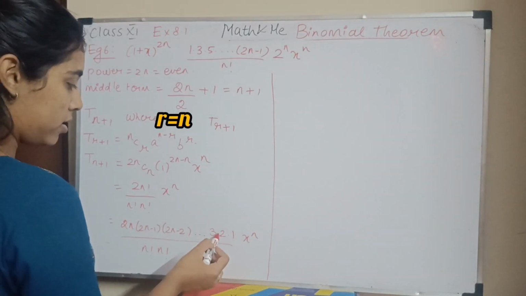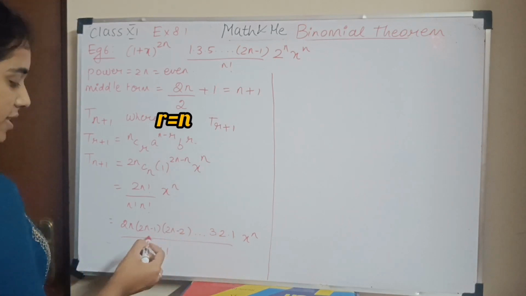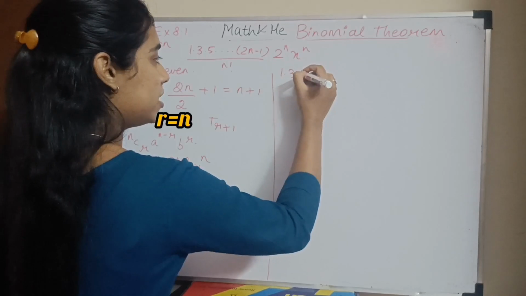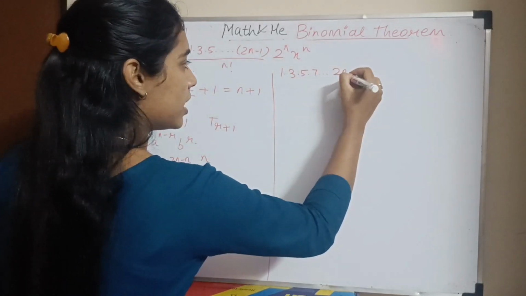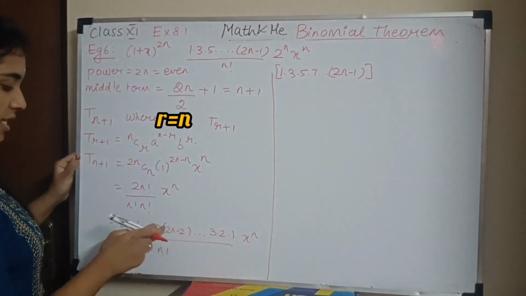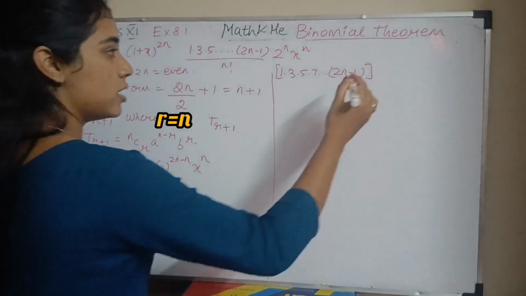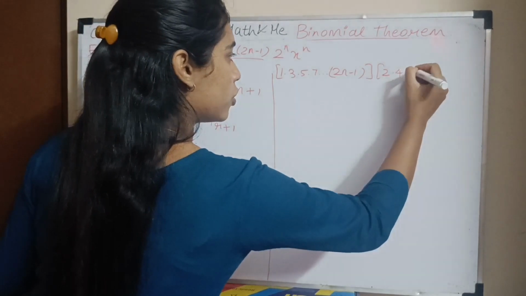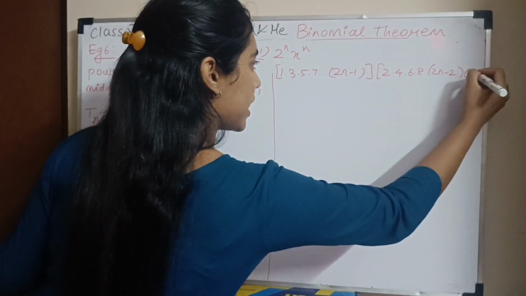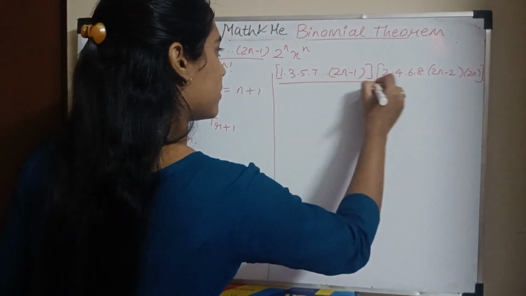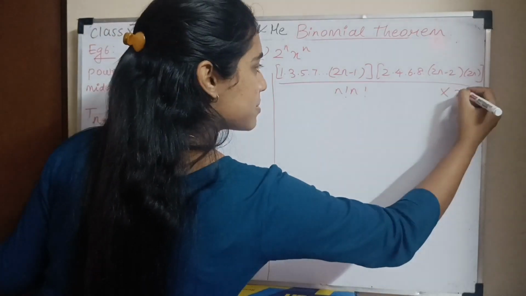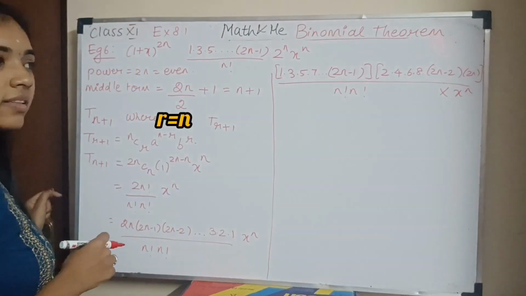So I have 1, 3, 5, 7, etc. up to 2n minus 1, times 2, 4, 6, 8, up to 2n minus 2, 2n. The whole divided by n factorial times n factorial times x to the n. Don't forget that in the numerator.